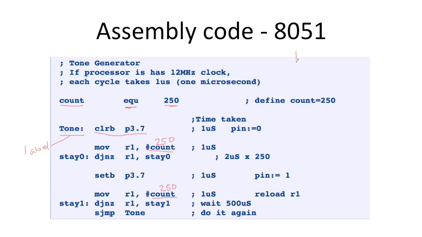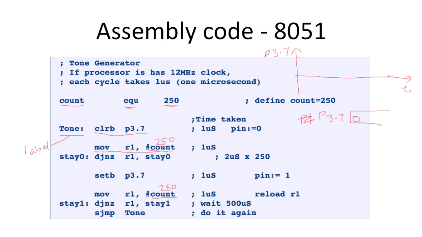So suppose this is our port 3.7 and this is the timeline. What it does is it sets the state of this pin to a 0.